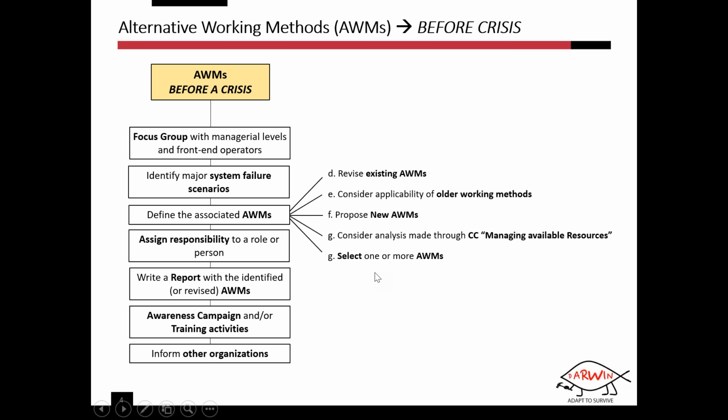And then at the end of this process, of course, you have to select one of these.